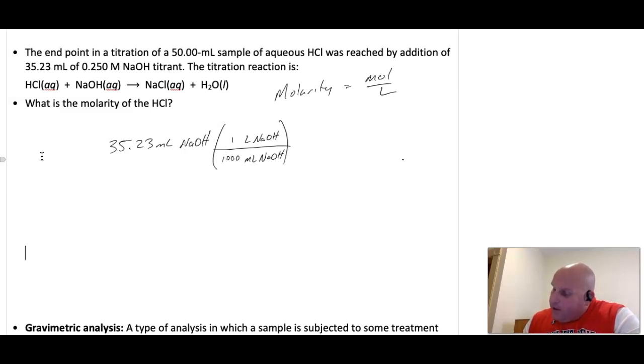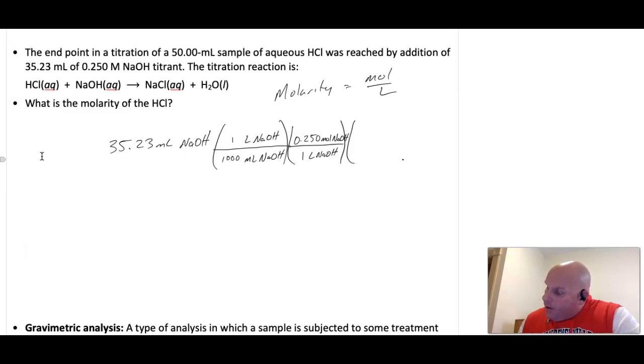Okay, now from there, we are going to convert from liters of the sodium hydroxide to moles. And they gave me that molarity. So that basically, if you recall, molarity is moles per liter. So that 0.250 molarity NaOH is 0.250 moles over 1 liter.